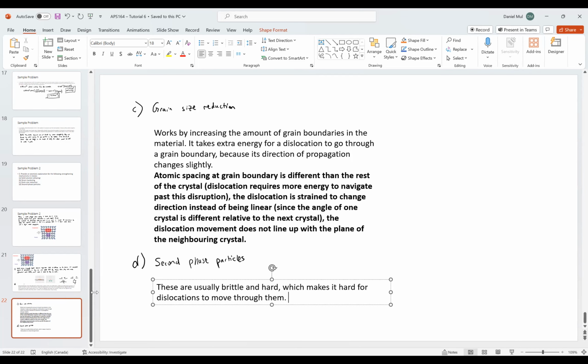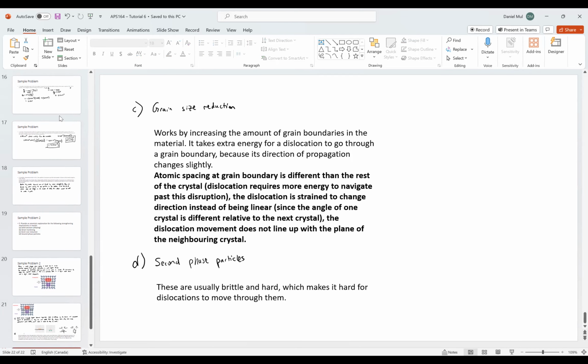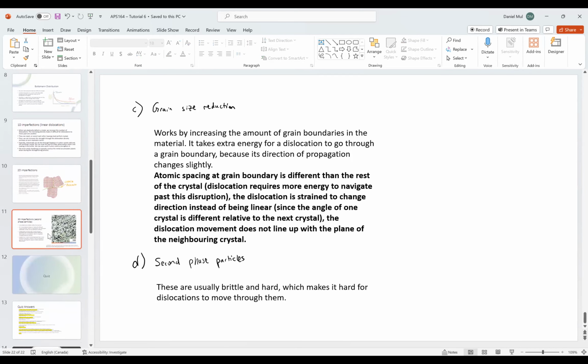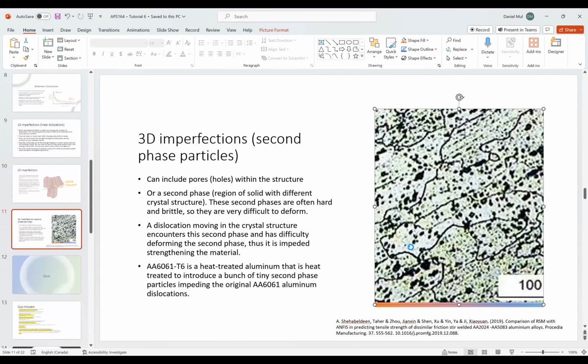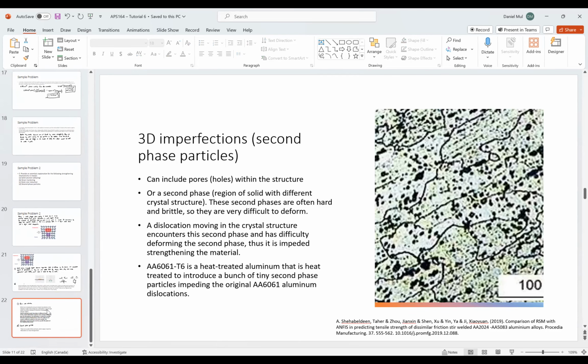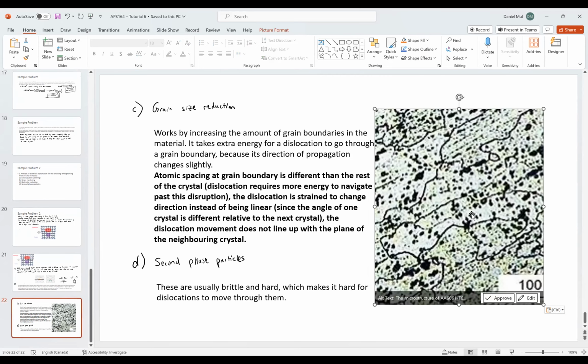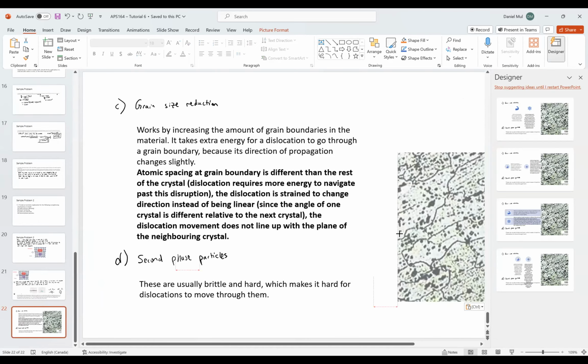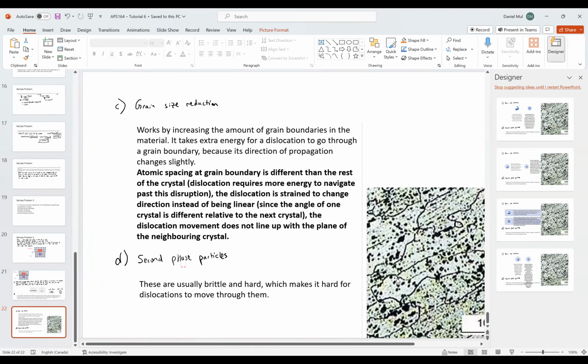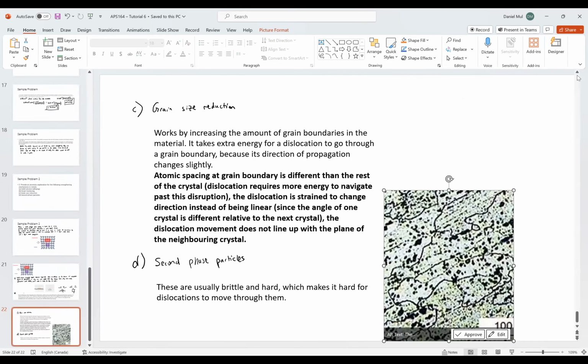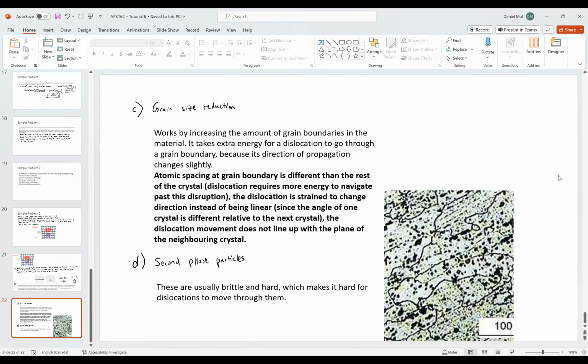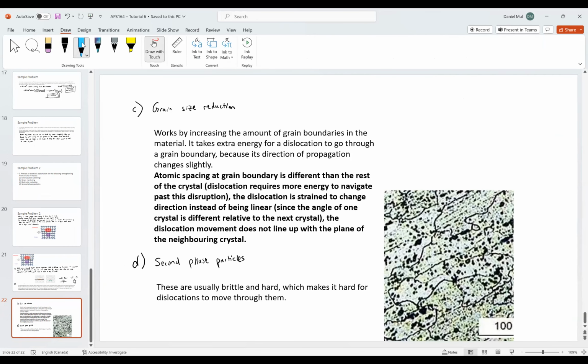And then you can just look at our aluminum example again, where basically you have your dislocations here.